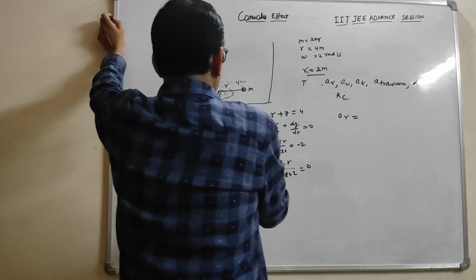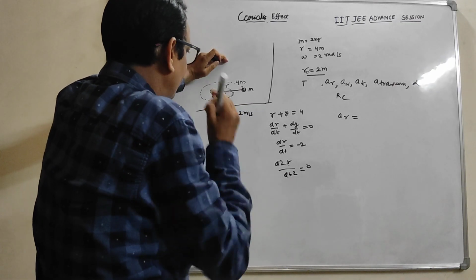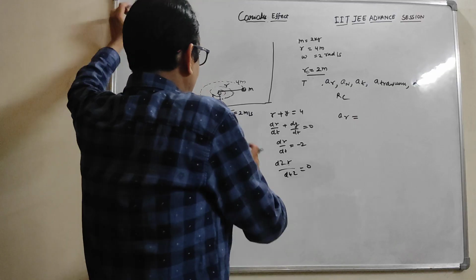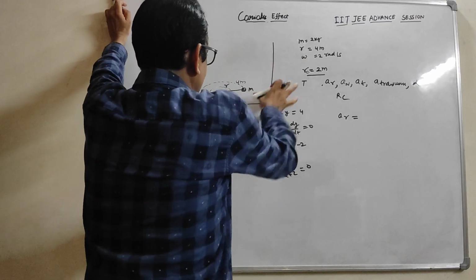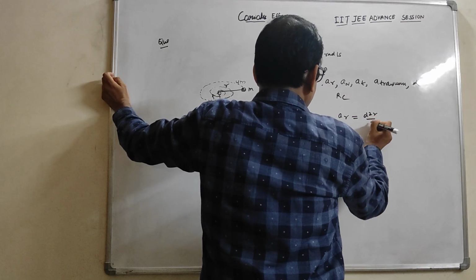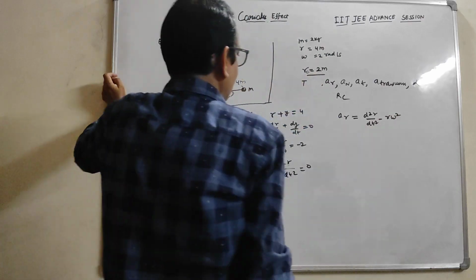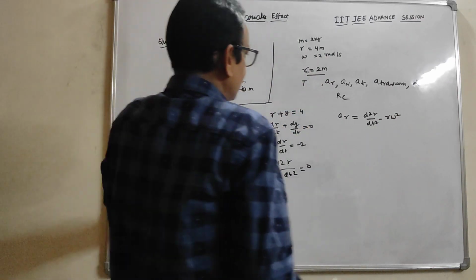Radial acceleration in the inertial frame. This problem is solved in the inertial frame of reference, because this frame is fixed, not moving. So this would be d2r by dt square minus r omega square. This is radial acceleration. So this term is 0.